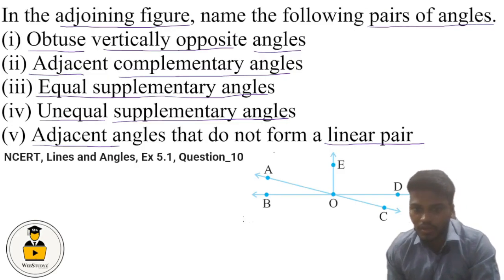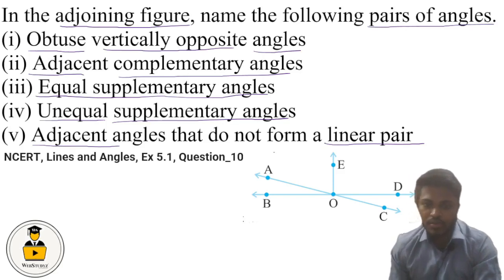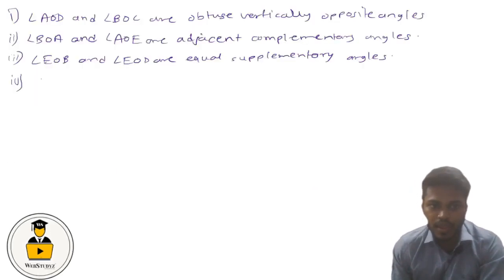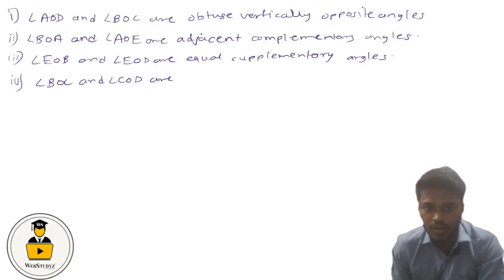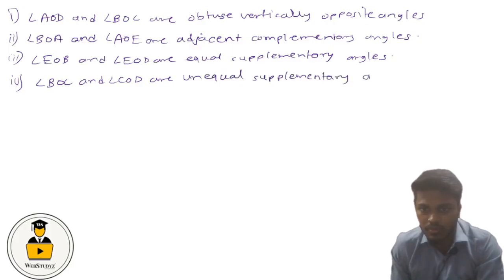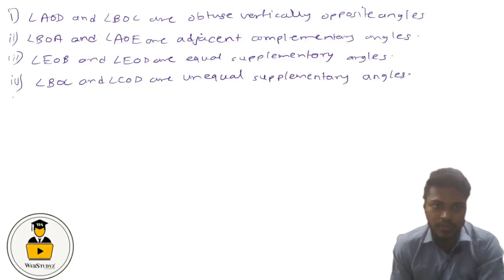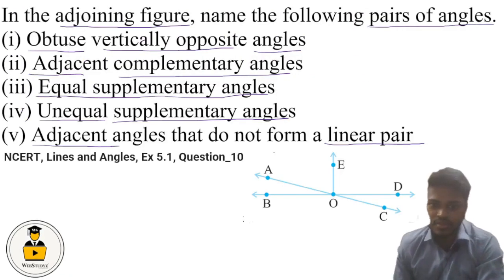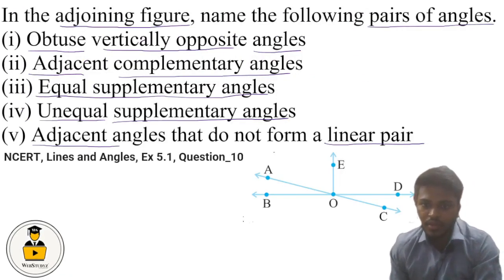So this pair of angles is BOC and COD because they are forming a straight line, and we know that the sum of angles on a straight line is 180 degrees. So angle BOC and COD are unequal supplementary angles.